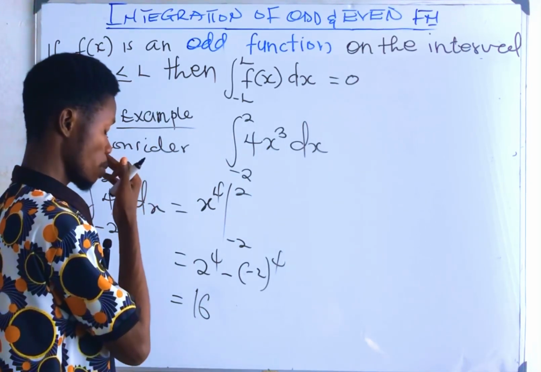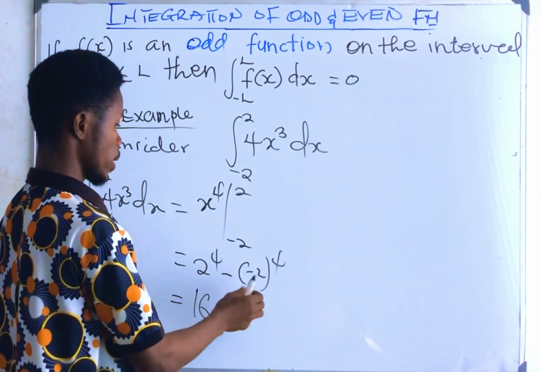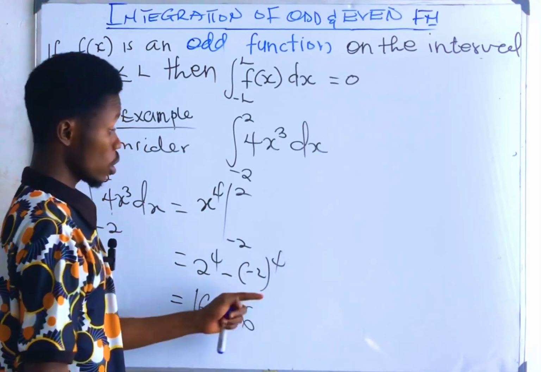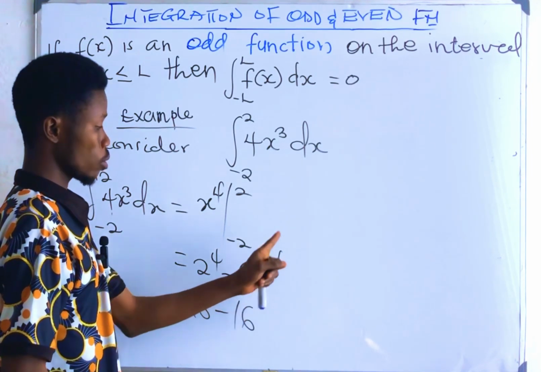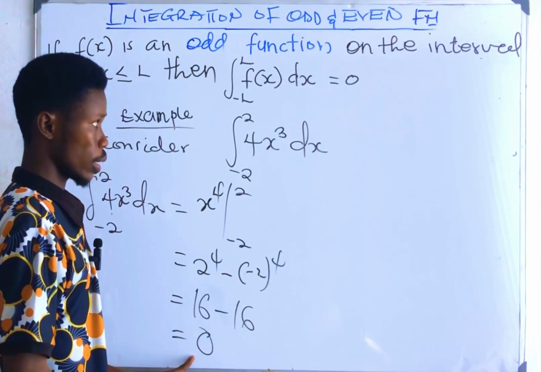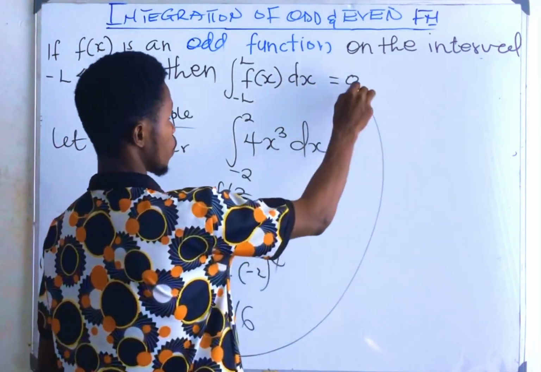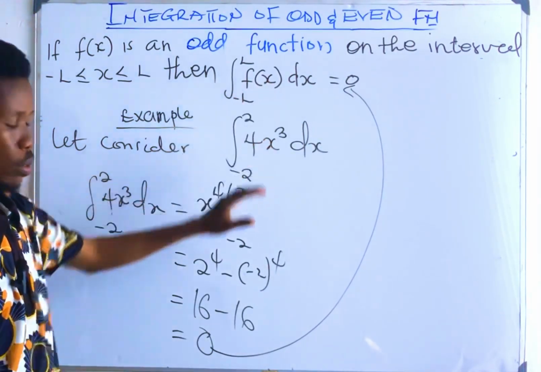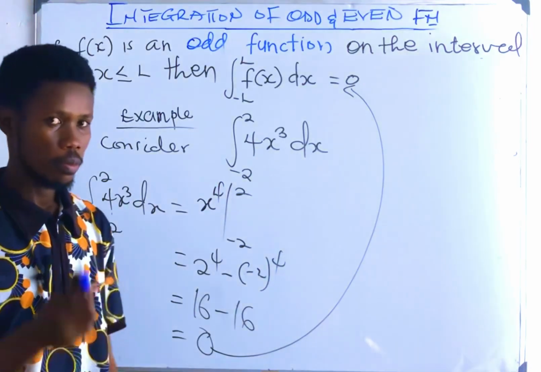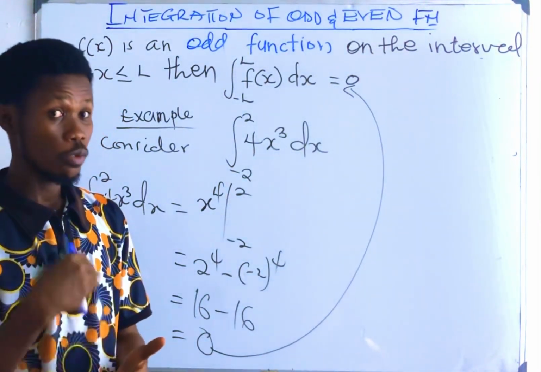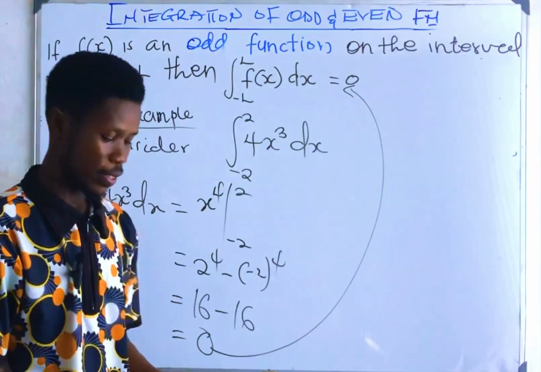Minus negative 2 to the power 4 will also give you 16, because any negative number to an even power will be positive. So this will give you 0. Have you seen that? This confirms the fact that anytime the function is odd, you get 0. You'll be wondering what is the importance of doing this. Don't worry, as you move forward you'll see the importance.